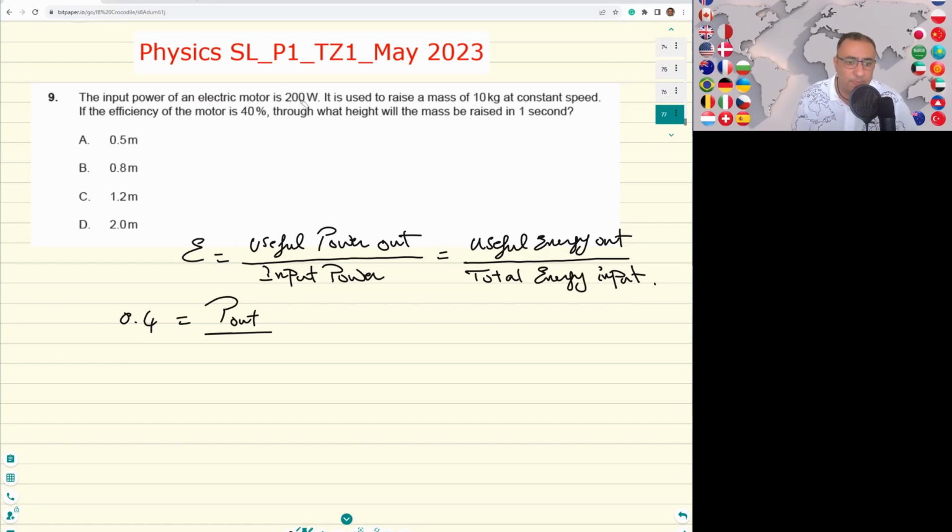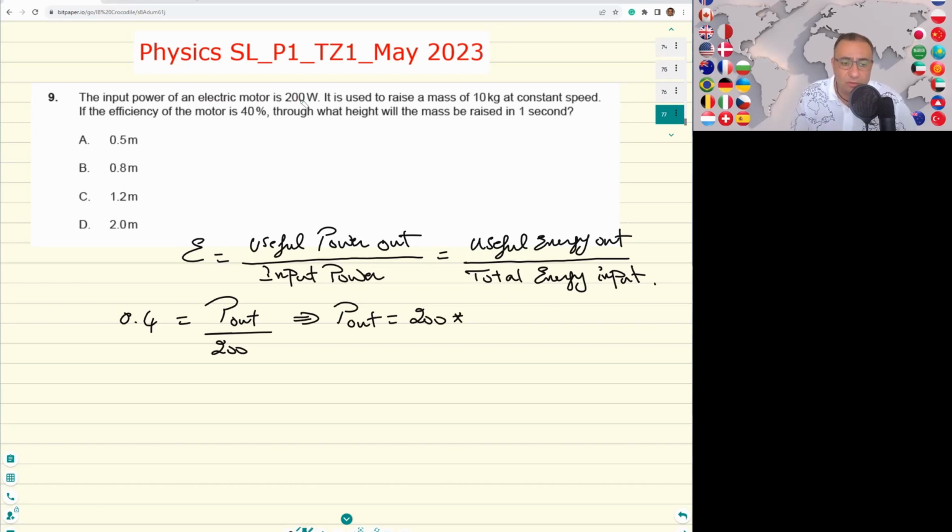The input power here is 200 watts. So that implies that the output power is going to be 40% of 200, which is the meaning of the efficiency.